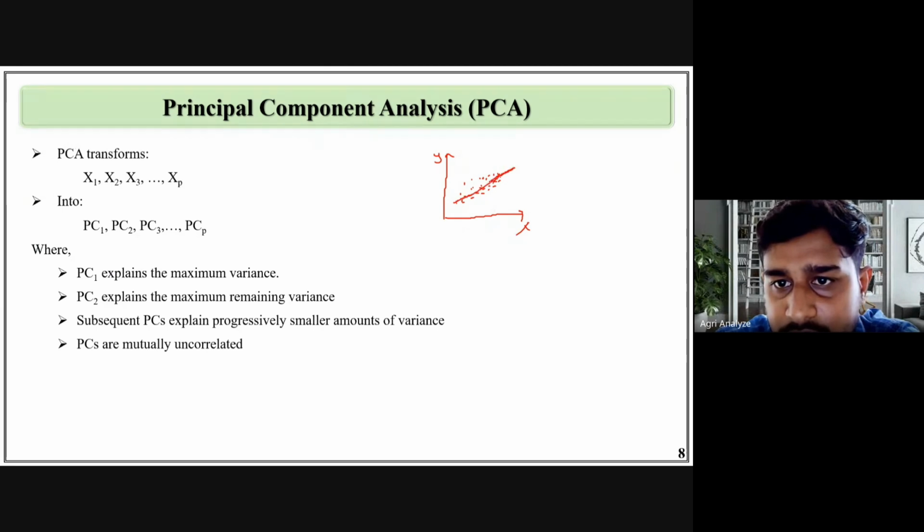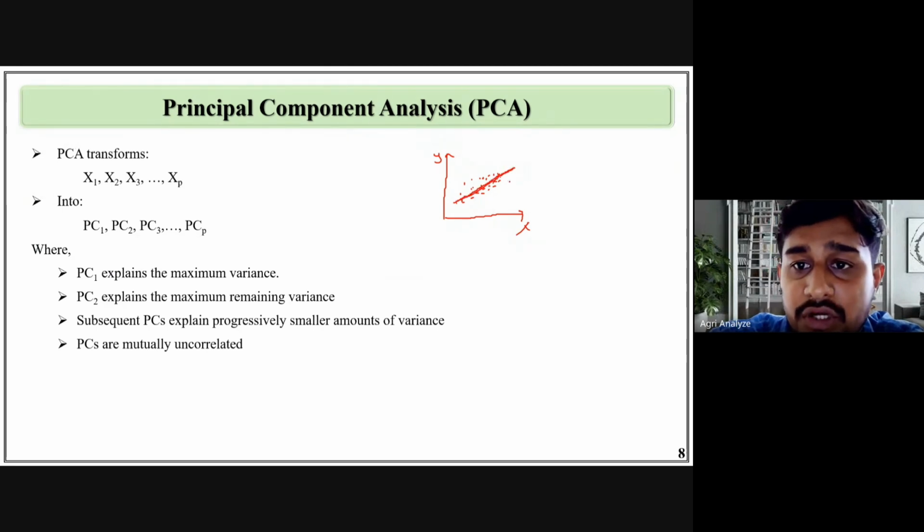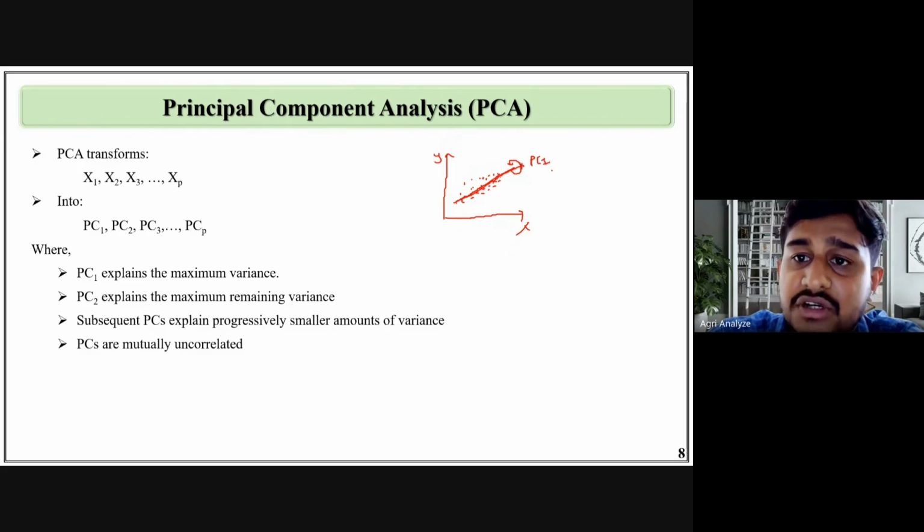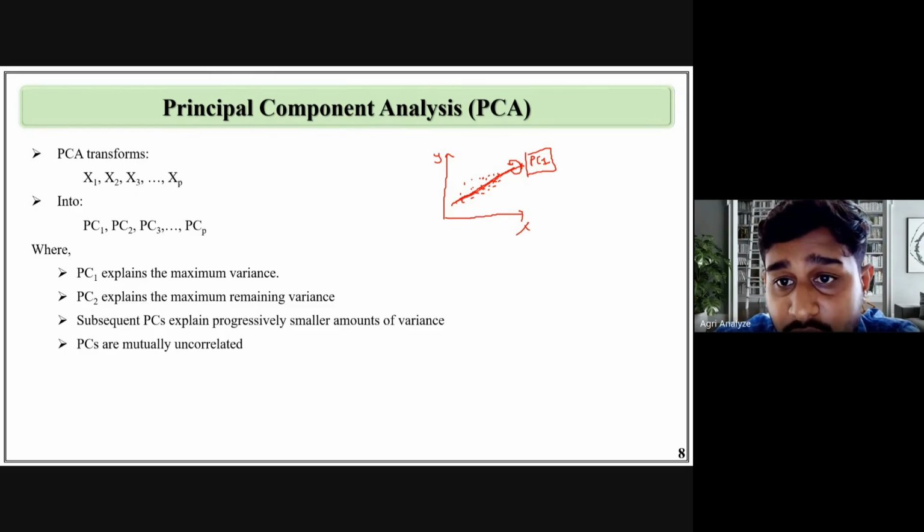First, we rotate our data in such a way that this is PC1. PC1 always goes in the direction which shows the maximum variance. So the trend of our data is this, then this is PC1. We consider it as PC1.